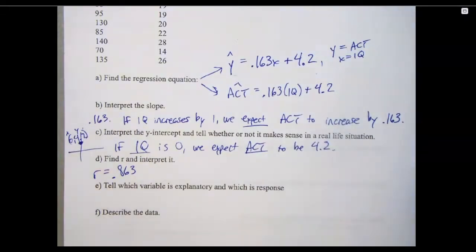I'm going to tell the direction, which is positive or negative. In this case, it's positive, so it's positive slope. I'm going to tell the strength, 0.863. So moderate, strong, weak, what do we think? It's pretty strong, that's pretty close to 1. And I'm going to put context.